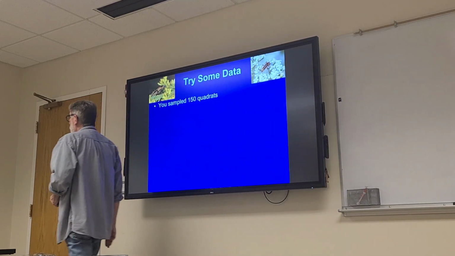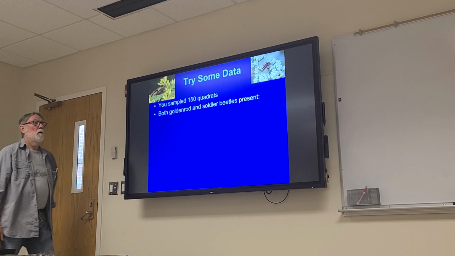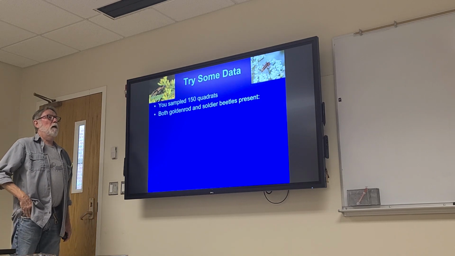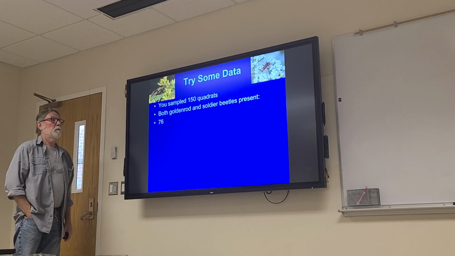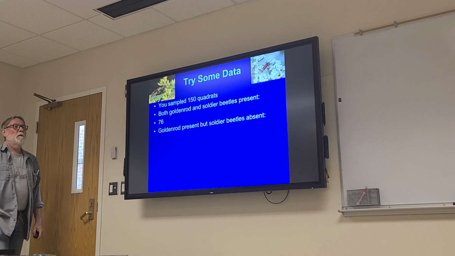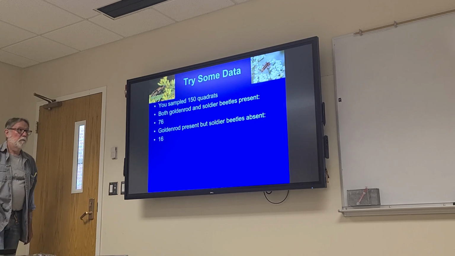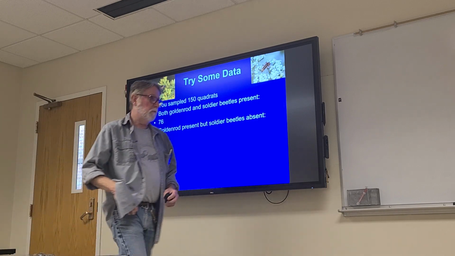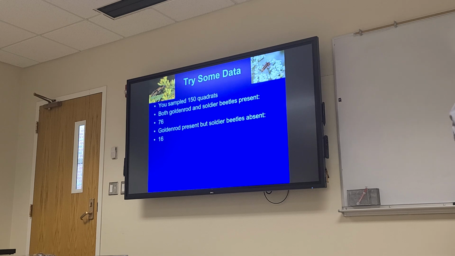You sample 150 quadrats. Those with both goldenrod and beetles present, 76. Goldenrod present, but no soldier beetles, 16. I think I'll start writing these up on the board to get you started. So the first thing here I got 76.